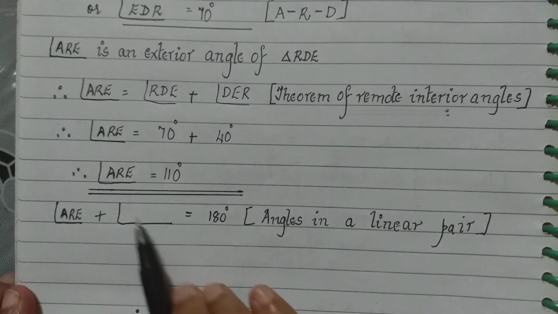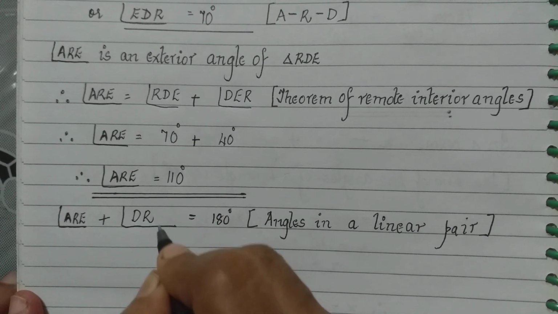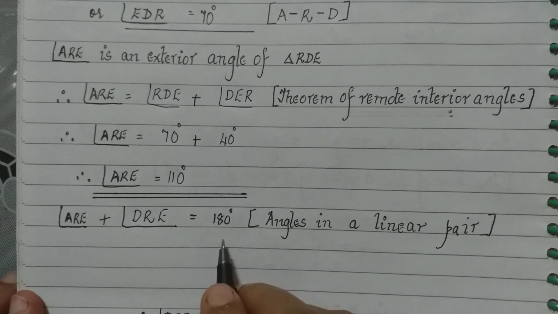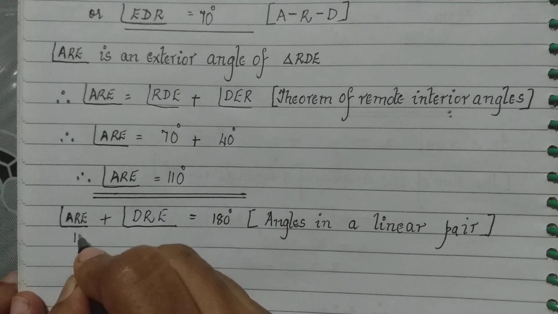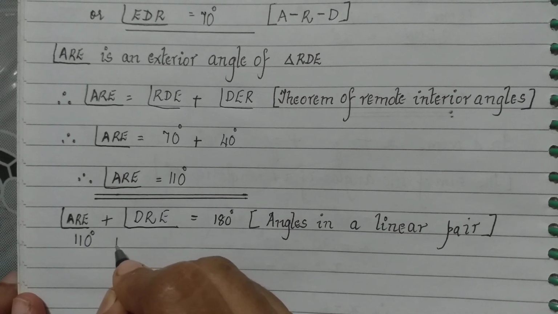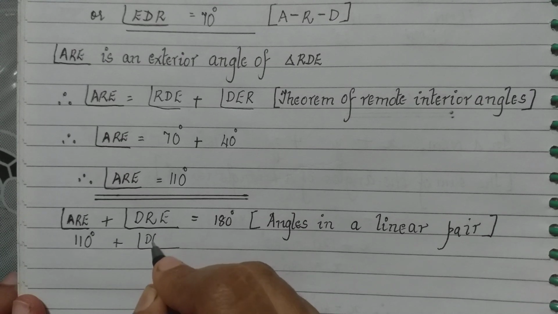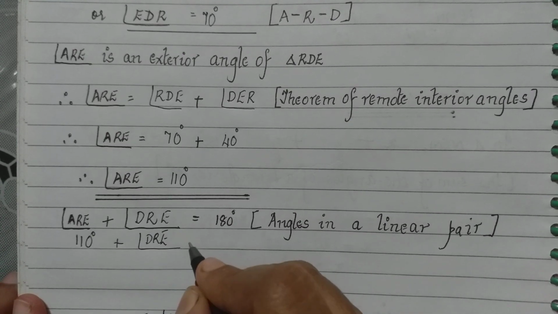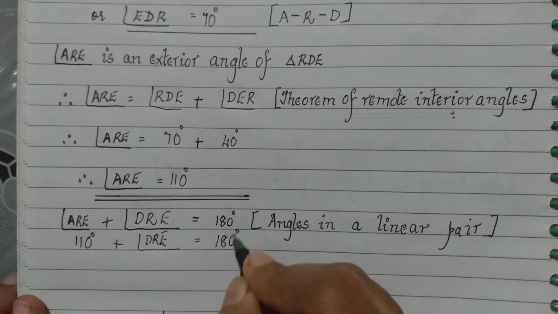So, here angle ARE plus angle DRE is equal to 180 degrees. But ARE already is 110 degrees here. So, I put here 110 degrees plus angle DRE is equal to 180 degrees.